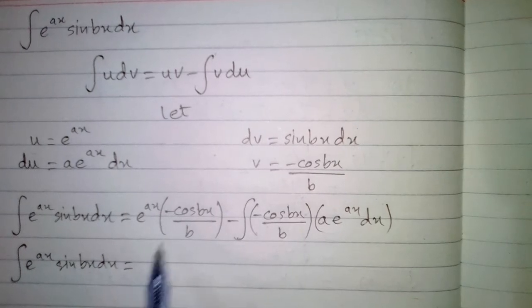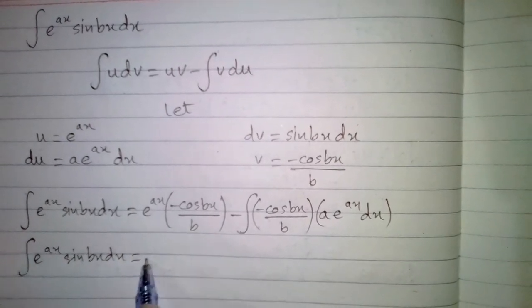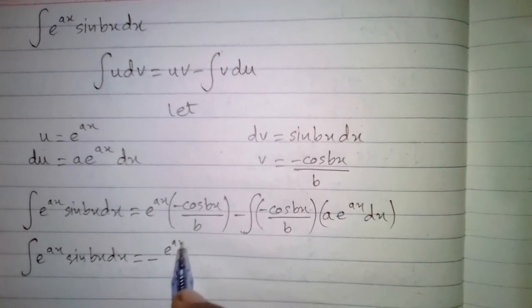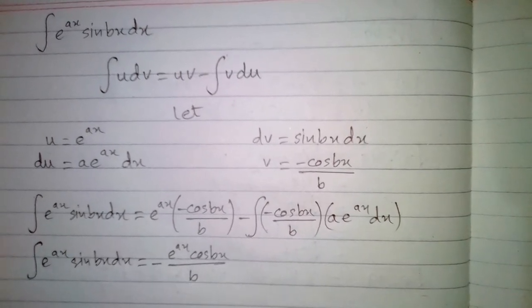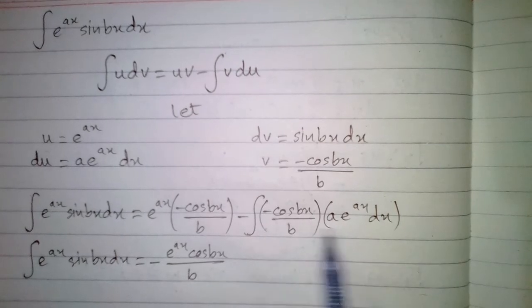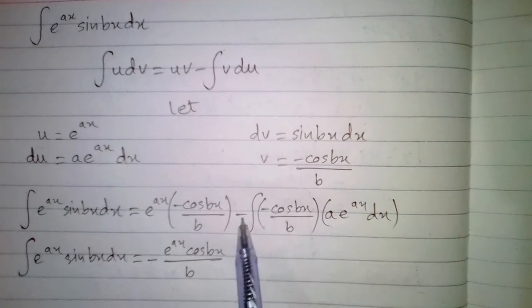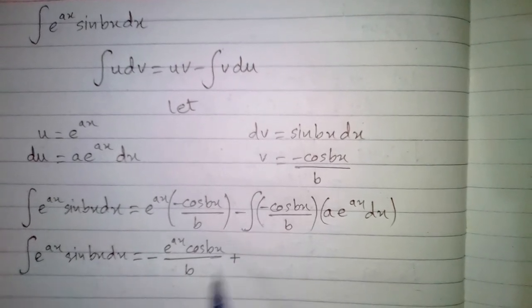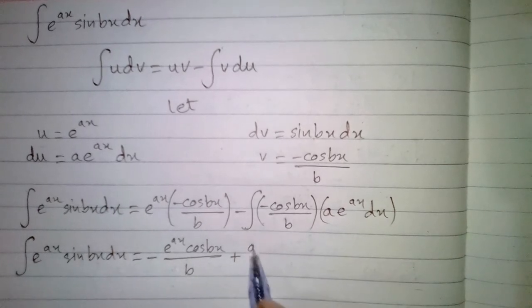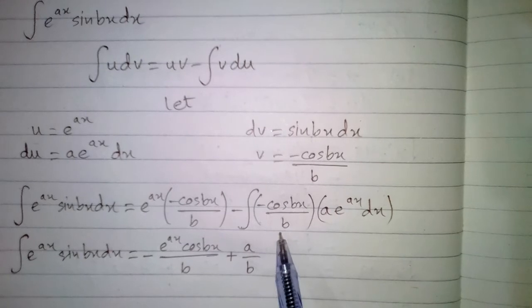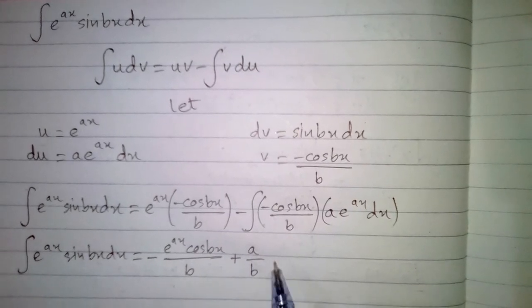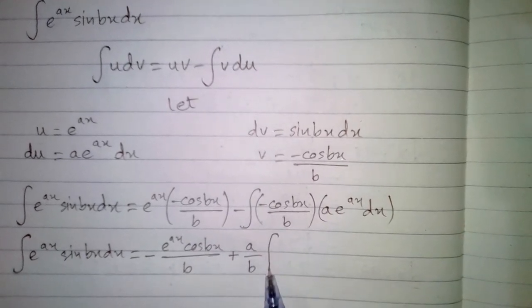Now this will become minus e to the power ax cos bx upon b, and after simplifying this expression we have minus minus plus a upon b, because these are constants and we can write them in front of the integral.